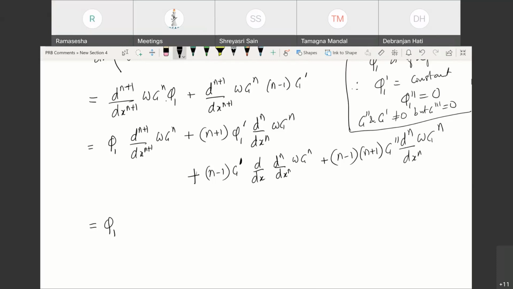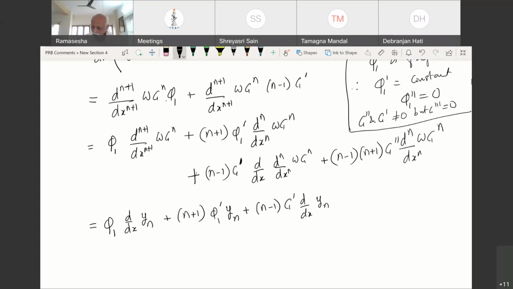I have defined d^n/dx^n of w times g^n as yn, plus n plus 1 p1 prime yn, plus n g prime d by dx yn, plus n minus 1 into n plus 1 g double prime yn.